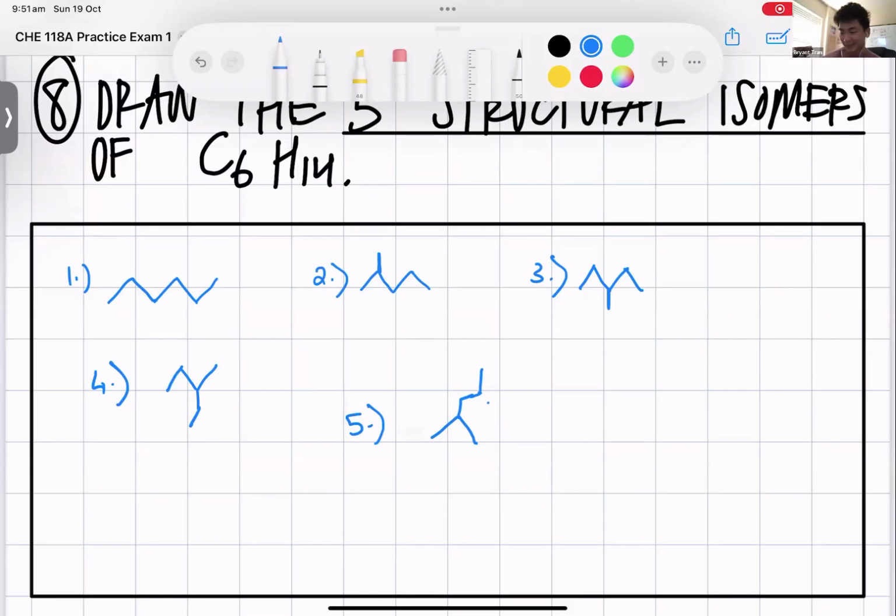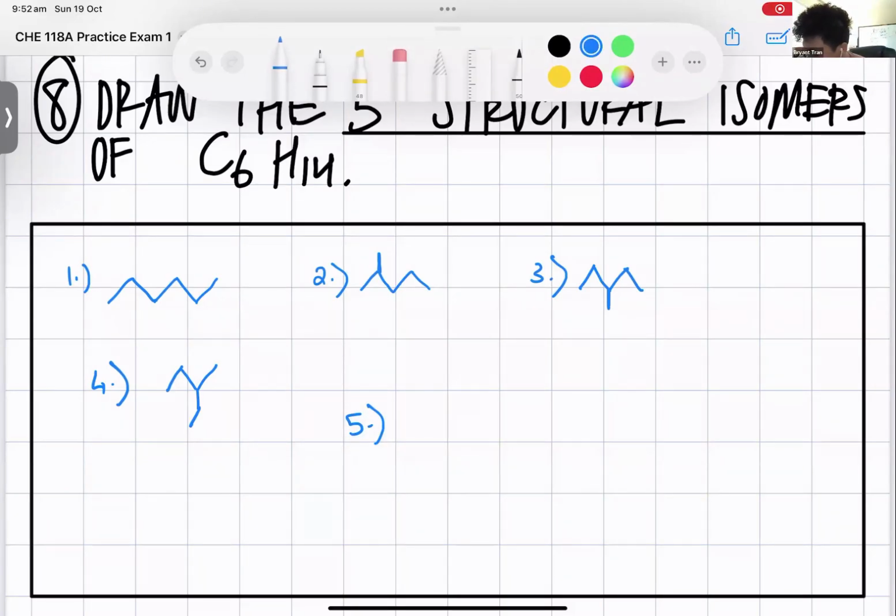Yeah, that works. But is it the same? Hold on. Oh wait, actually no, there's something missing. Okay. 1, 2, 3, 4, 5, 6. Wait. Oh yeah, that's the same as number 2. Yeah, number 5 is the same as number 2.